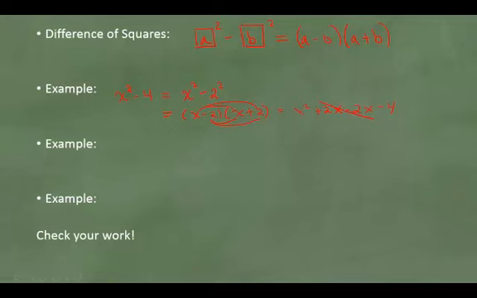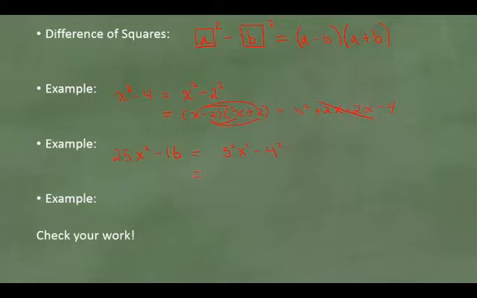Another difference of squares, 25x squared minus 16. This might not look like a difference of squares, but again, the 25 can be written as 5 squared. And the 16 can be written as 4 squared. So it's almost something squared minus something else squared.